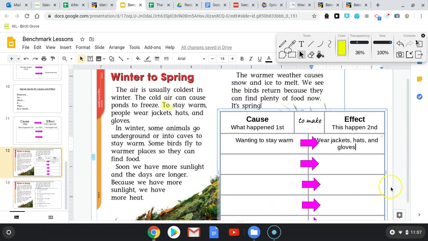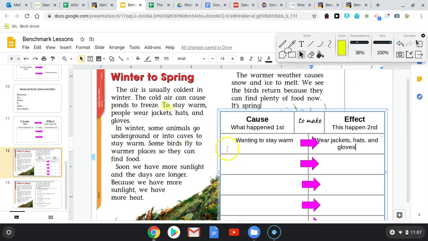And I started off for you. I highlighted this word "to" because that was my signal word telling me that something is happening because of something else. So as we were reading the story, I saw "to stay warm, people wear jackets, hats, and gloves."